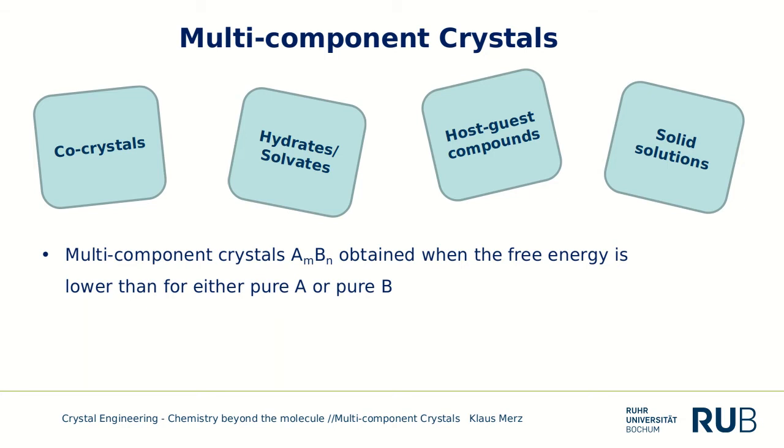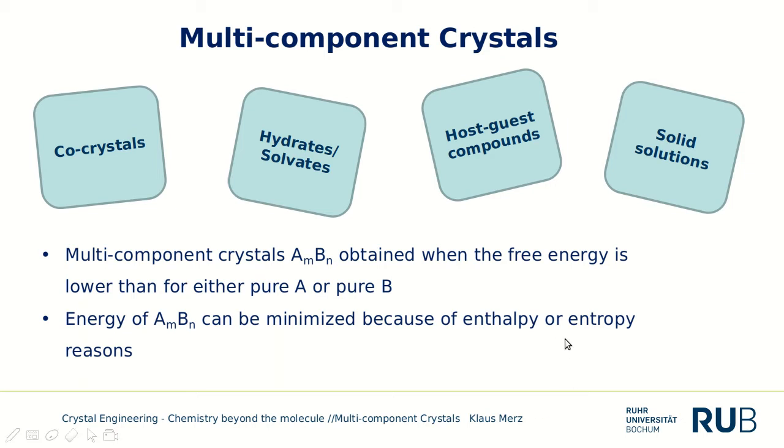And the free energy of such a system must be lower than the free energy of pure A or pure B. Otherwise, you never will get such multi-component crystals. So once again we are talking about energy. So the energy of such systems must be minimized.